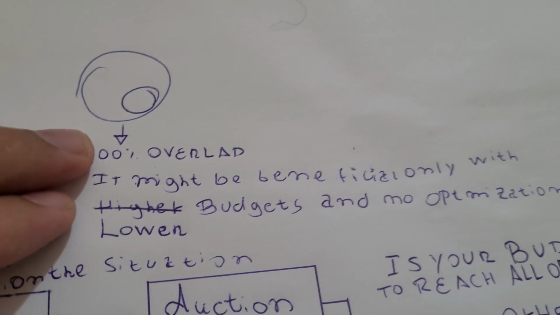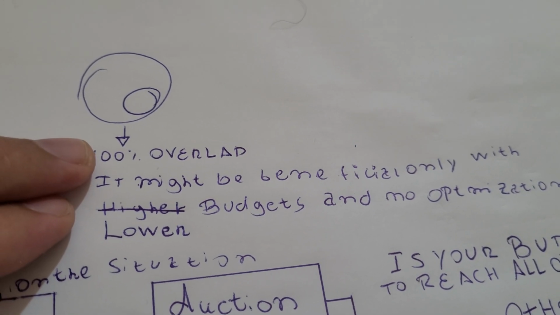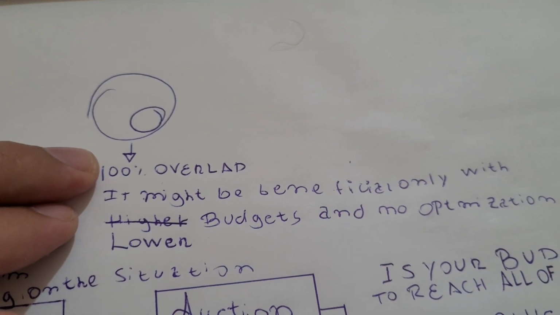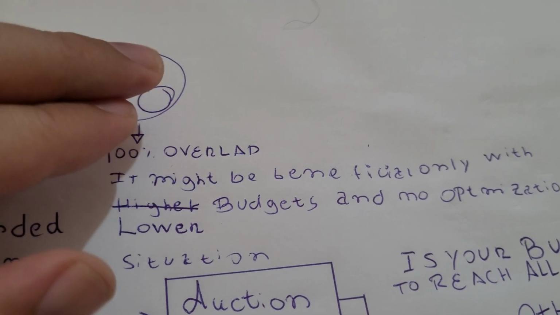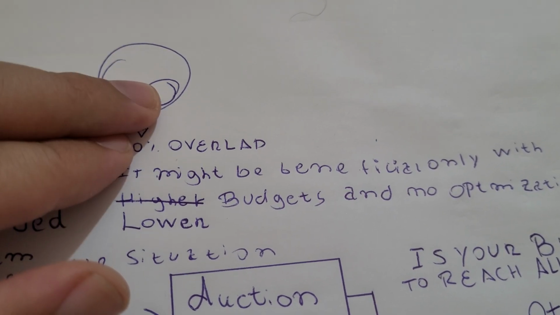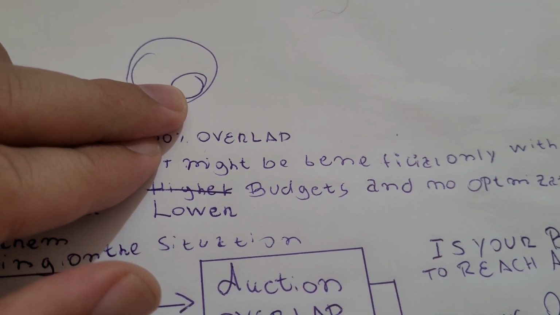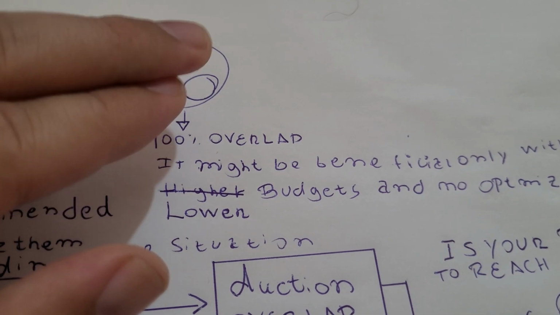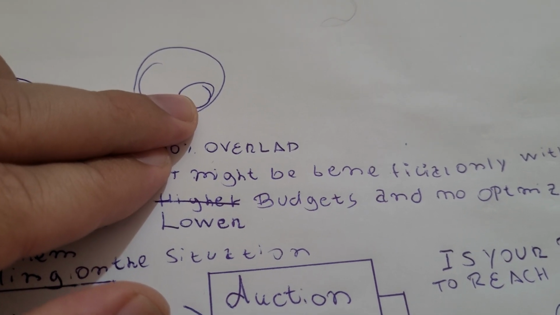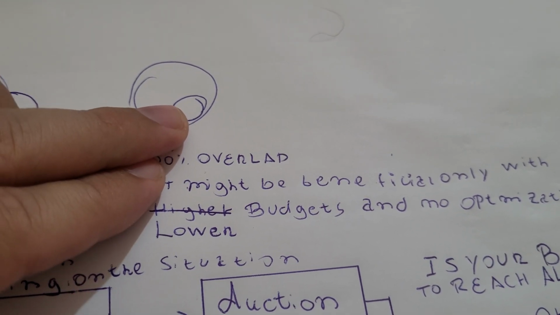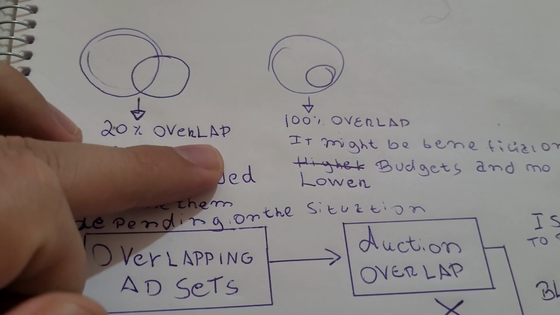So a 100% overlap might be beneficial in this case, but what I mean by that is not that we're going to use the broad and the narrow. We're going to start with a lot of narrow audiences, but your narrow audiences might be overlapping with each other. I'm going to explain in the field how to use that feature I showed you to see if your audiences are overlapping. Also, let's say you have a 20% overlap.